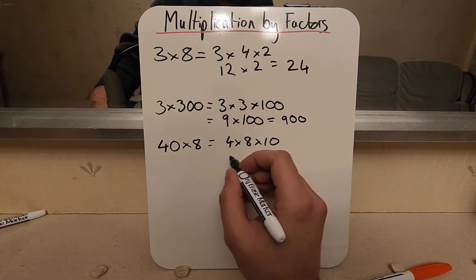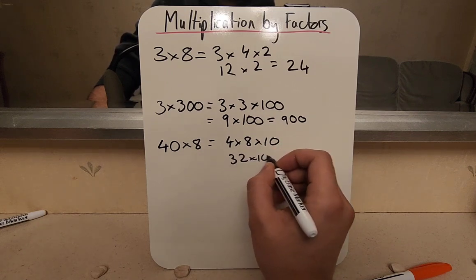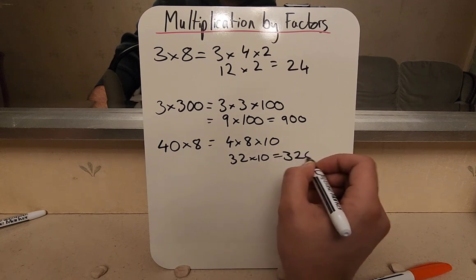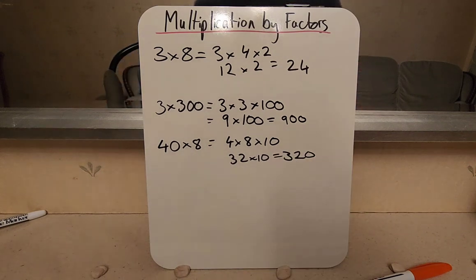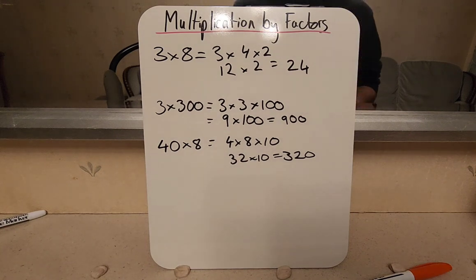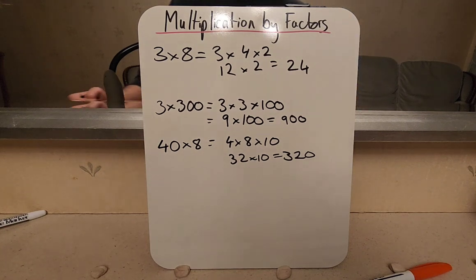You say 32 times 10 is 320. You're likely already doing these tricks in your head. The only thing is you're doing them so quickly you don't realize you're doing them. But if we focus on what we're actually doing, we can expand that to other calculations.